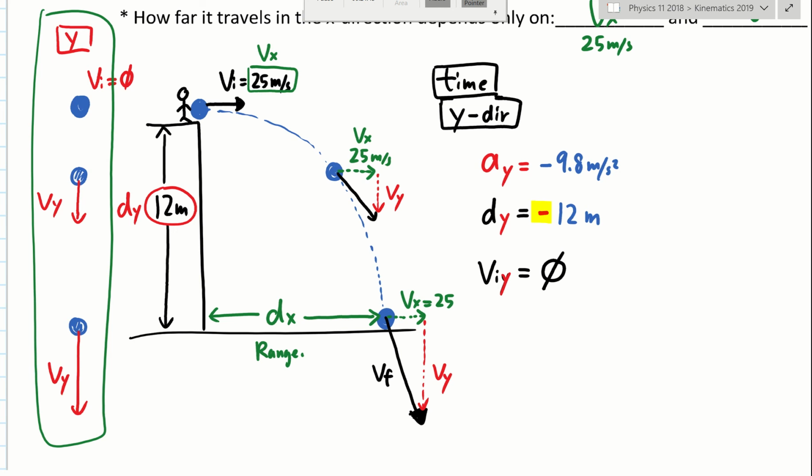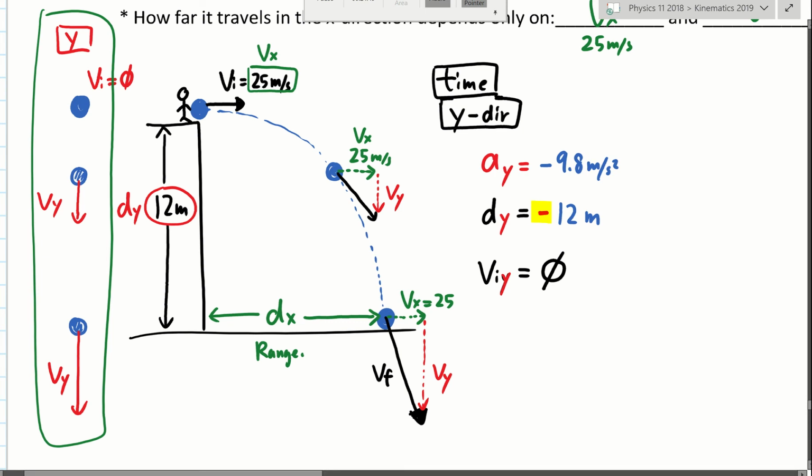So that's how you get the time in both situations. So now, if you believe in that, then when you have a horizontal object launch, V initial in the vertical world is 0. And then you can use this to get time very easily.